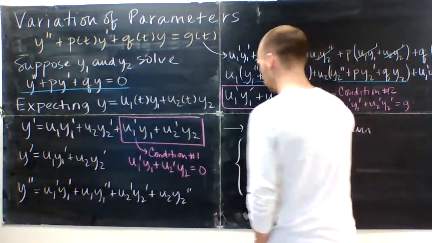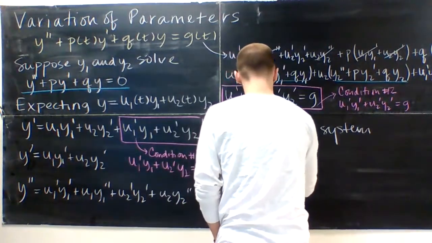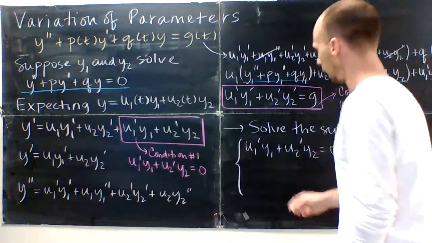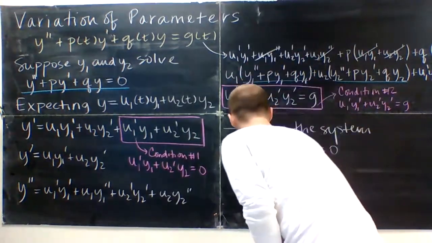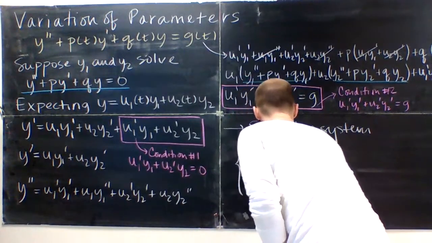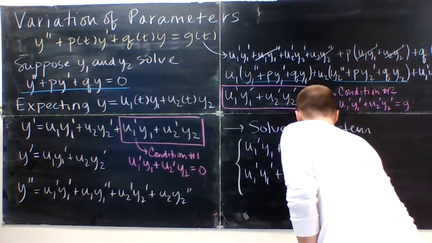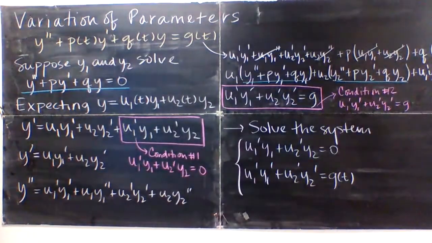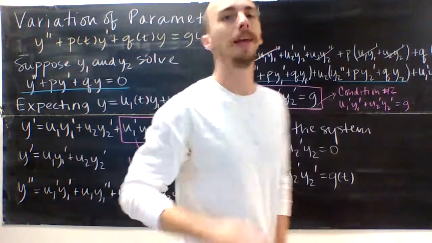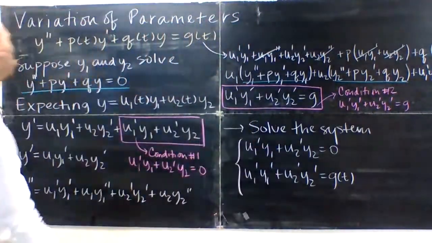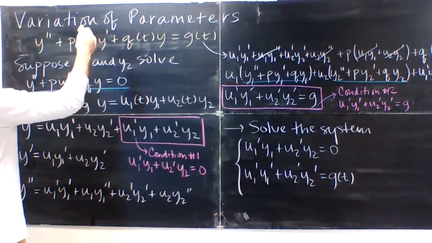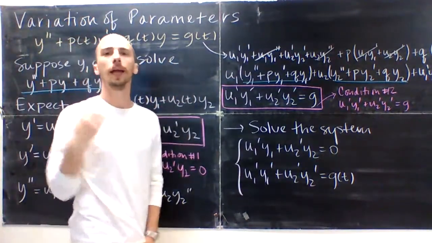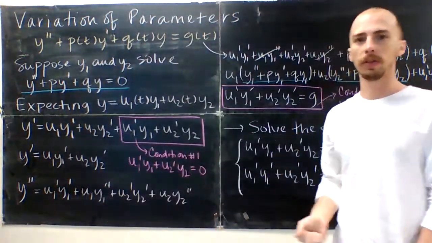That would be u1 prime y1 plus u2 prime y2 equals 0, and u1 prime y1 prime plus u2 prime y2 prime equals g of t. Solve the system for u1 prime and u2 prime, get your u1 and u2, go back to y equals u1 of t times y1 plus u2 of t times y2, and get yourself a general solution. This is the method of variation of parameters.